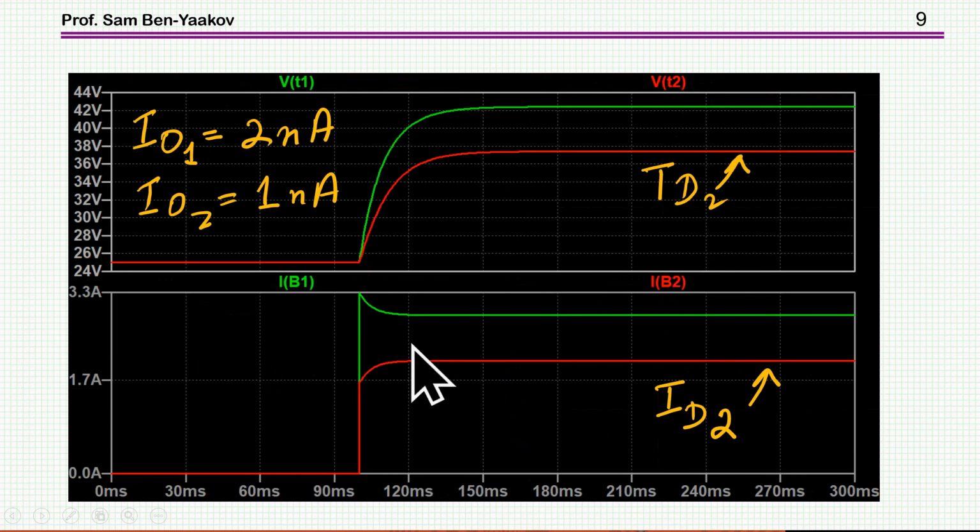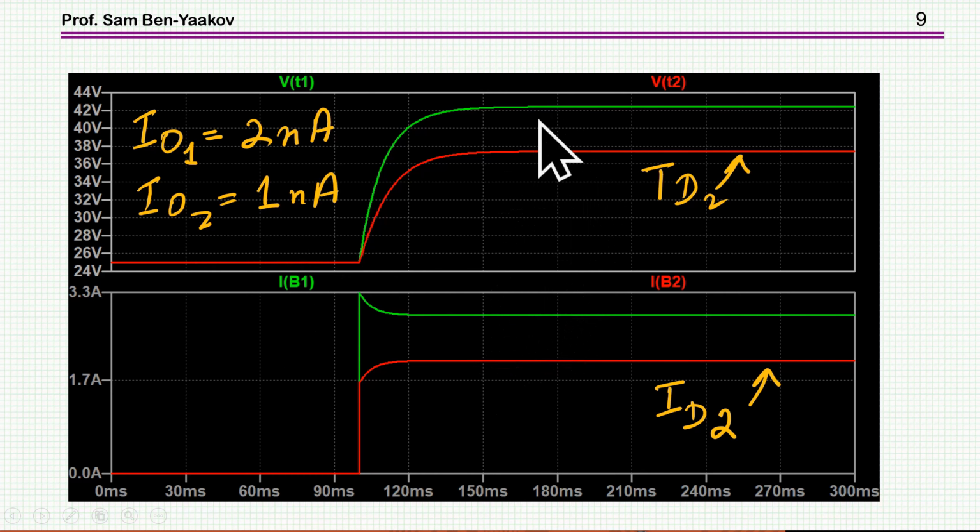But apart from a difference in the thermal resistance, there's of course a difference in the diodes themselves. They are not necessarily matched exactly one to one, and in particular, there might be a difference in the reverse saturation current. Say if one is 2 nanoamp and one is 1 nanoamp, then again I'm going to see a difference similar to what we have seen before.